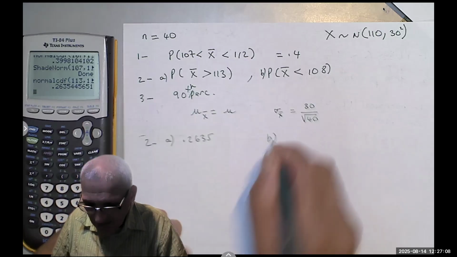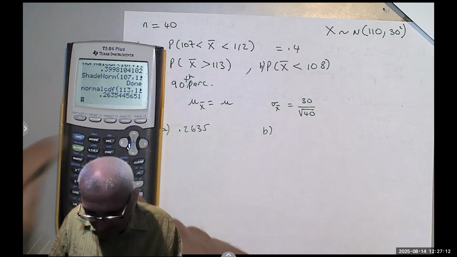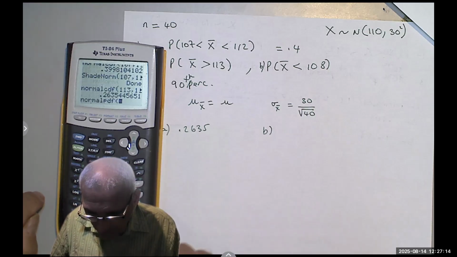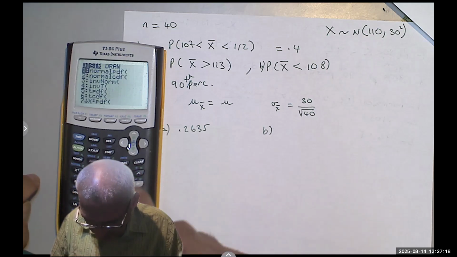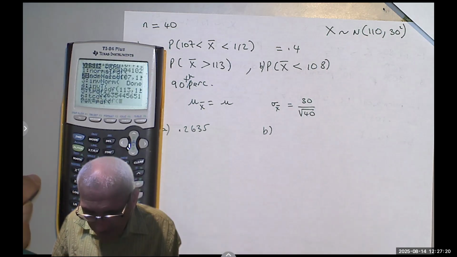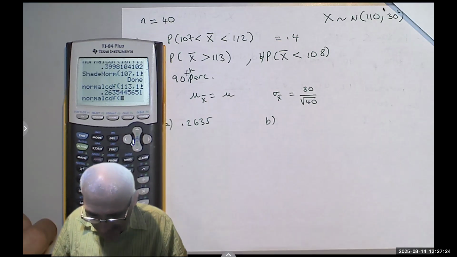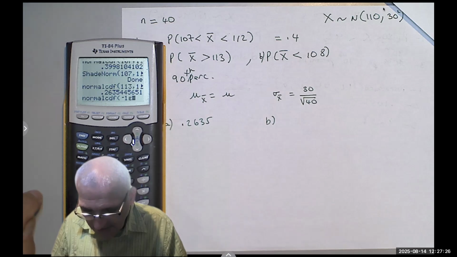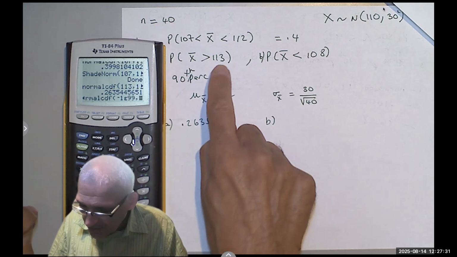What about B? How do I enter that? To enter that, oops, I wanted to go down one and I clicked the wrong button. I wanted to go down first. So here you would say I am going from negative infinity up to 108.